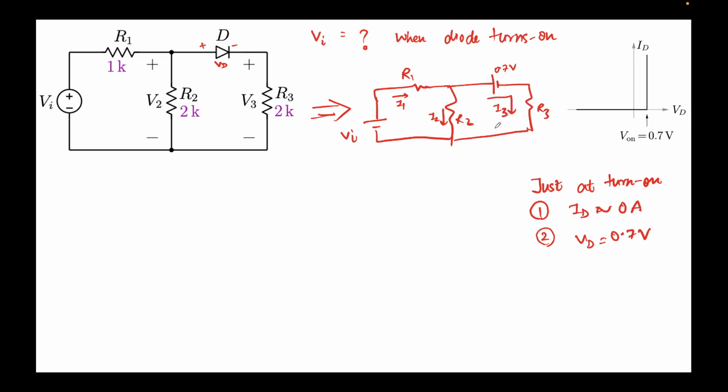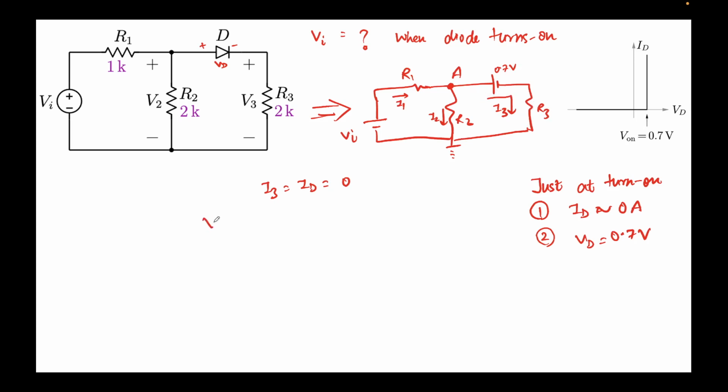So from this condition we can say that I3, which is equal to ID, should be equal to 0, because that is the turn on condition. So this is 0, correct? And let's label this node A, and let's ground this node. Now you can clearly see if this is 0, no voltage is getting dropped here.